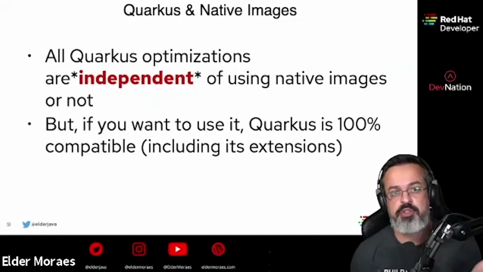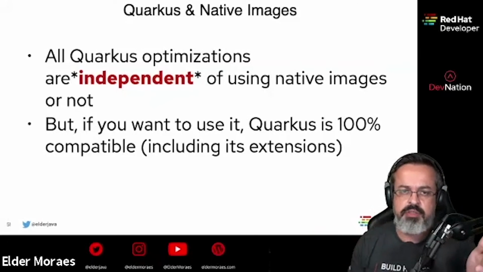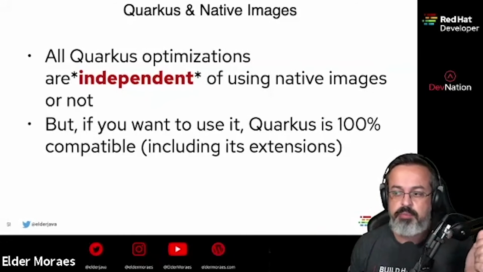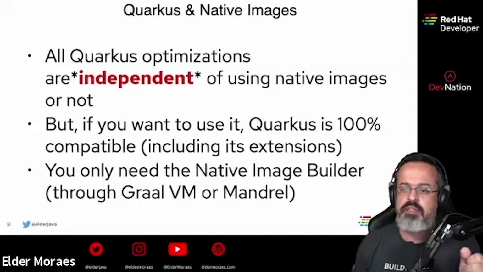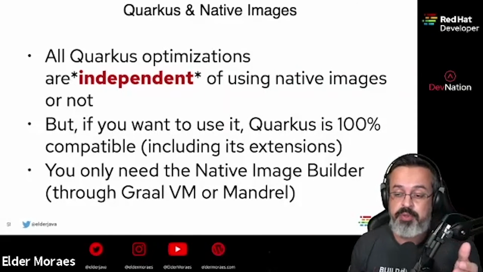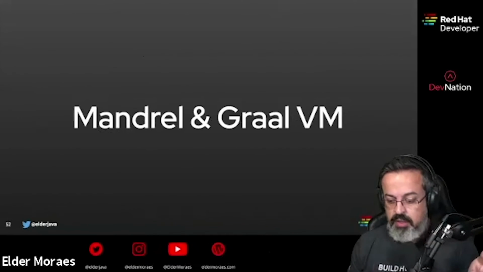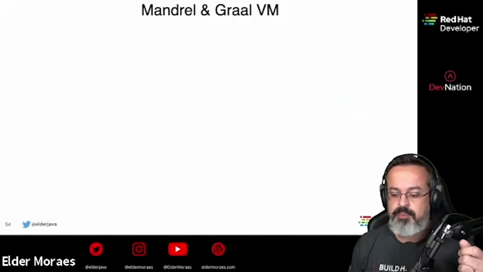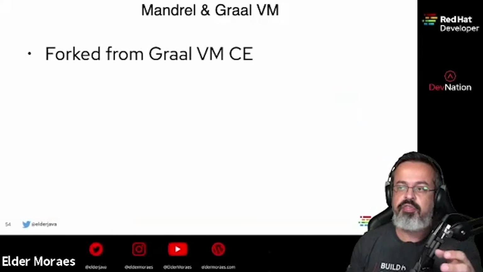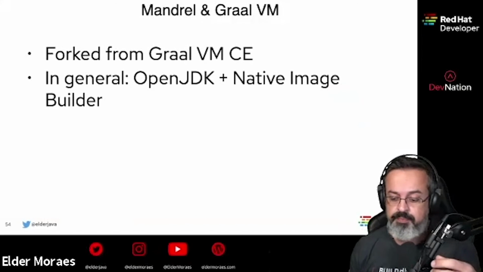But if you would like to use Quarkus to build a native image, all the extensions available on Quarkus are 100% compatible, okay? You only need the native image builder through GraalVM or through Mandrel. And what is Mandrel? Mandrel is a fork made from the GraalVM Community Edition.